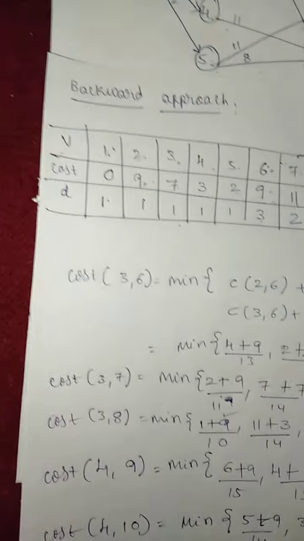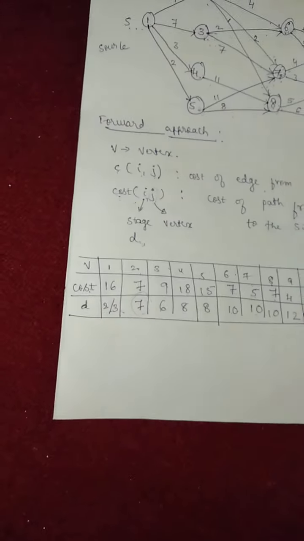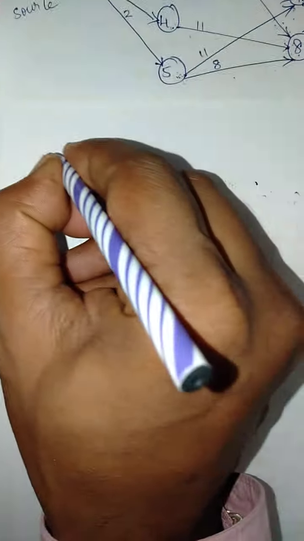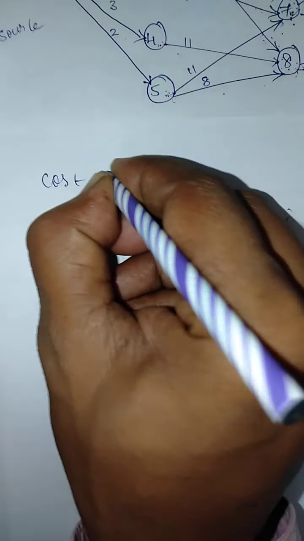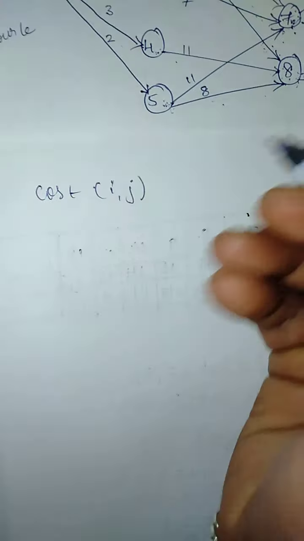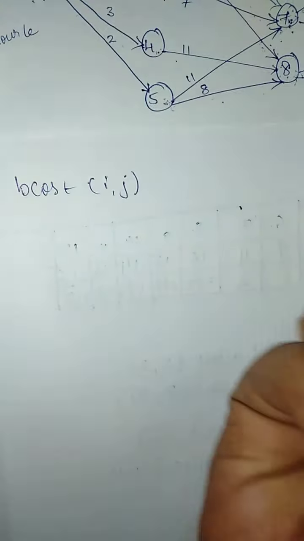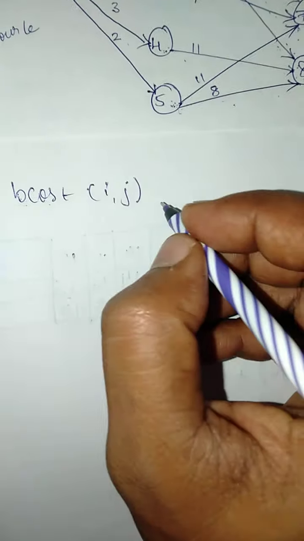So the formula for the backward approach is also straightforward. So I will write the formula for the cost function. Cost of i comma j, just for differentiation I will use bcost, for backward approach.